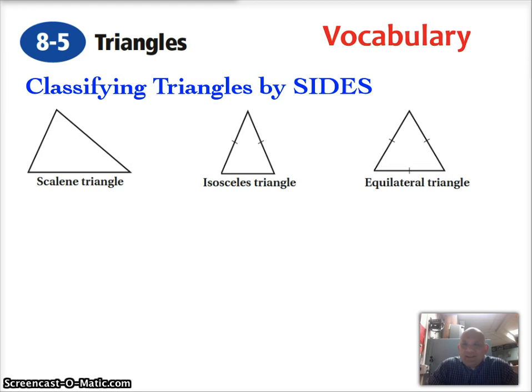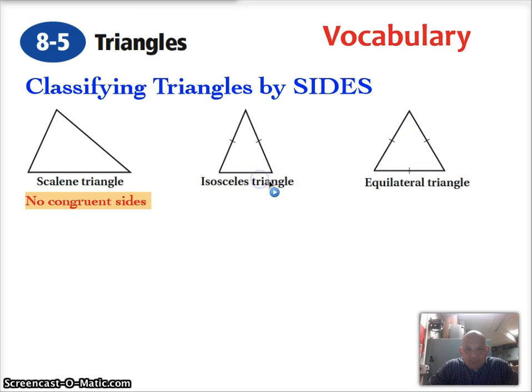Now we have another classification of triangles, and this time it's by sides. A scalene triangle is our first triangle that we classify by sides, and in a scalene triangle there are no congruent sides. All the sides of this triangle are of different length. Next we have the isosceles triangle, where it has exactly two congruent sides, noted by these tick marks here.